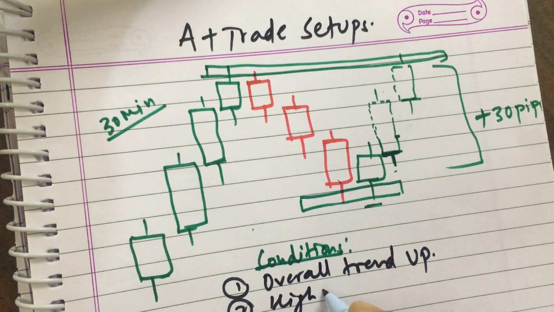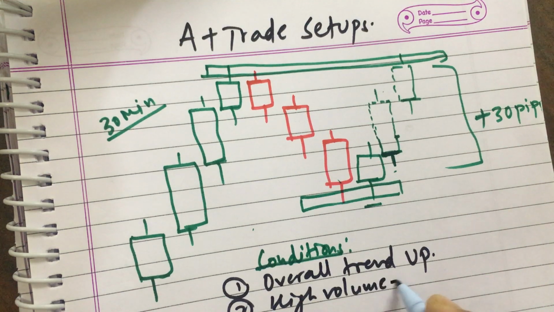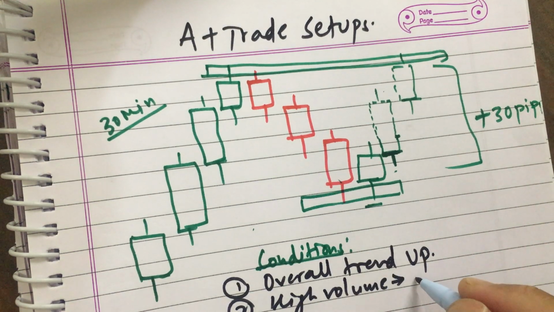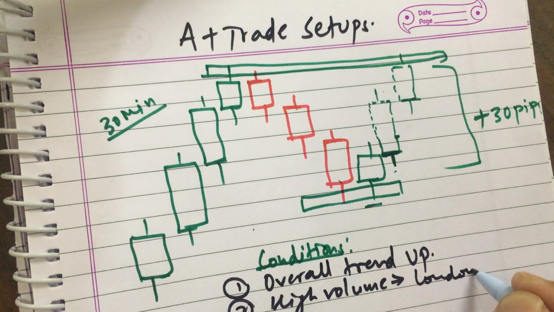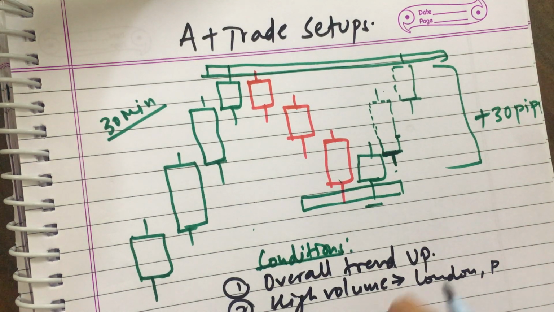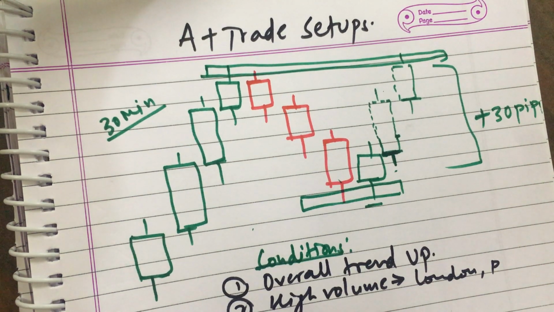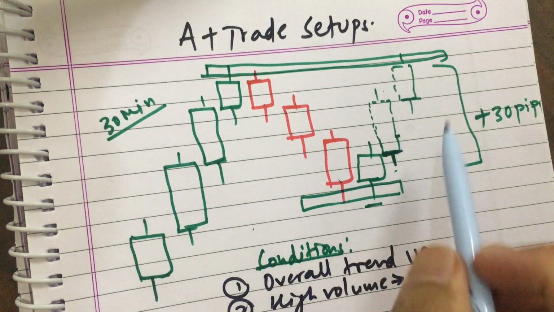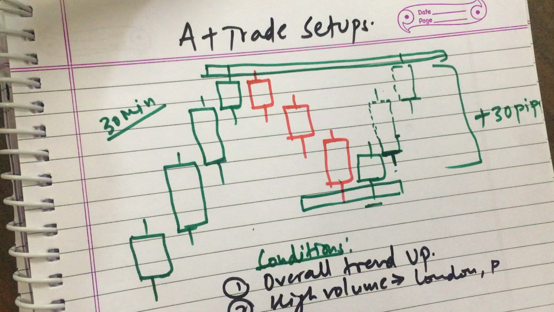It only happens at the time of high volume, like the London Open, pre-London, the pre-New York, New York Open, pre-Asian, Asian Open. These are the high volume times. The third thing is there should be enough range, meaning the target should be 30 plus pips.